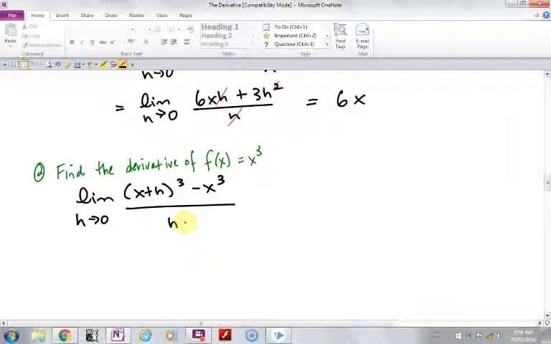Good. Can you expand (x plus h) cubed? You can do it, Kenny. I know you can.